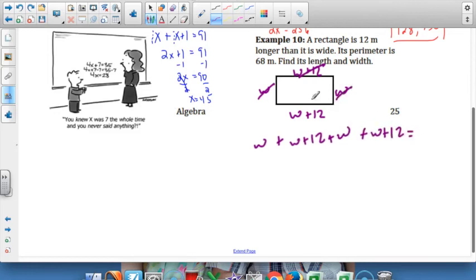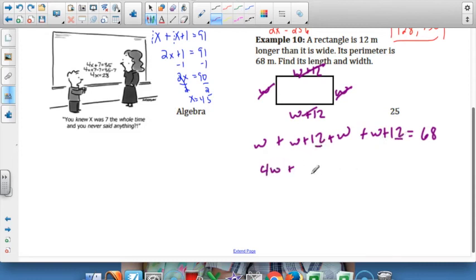And all of that is equal to 68, because I was told that the perimeter is 68. I mark off those sides as I go through because it helps me keep track of what I've already written down and what I haven't. You should have 4 W's. 1, 2, 3, 4. So W plus W plus W plus W is 4W.